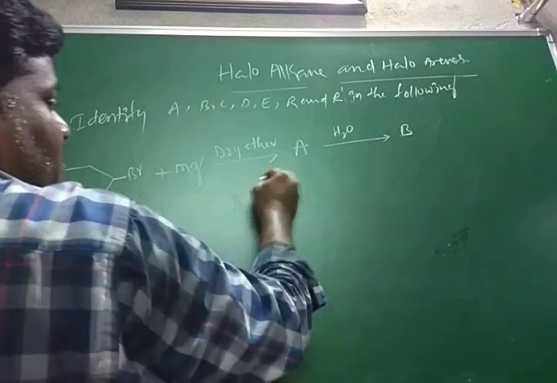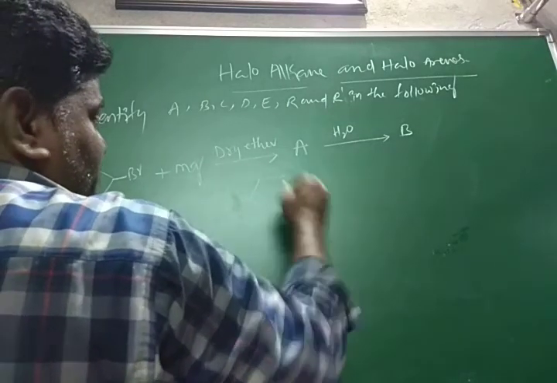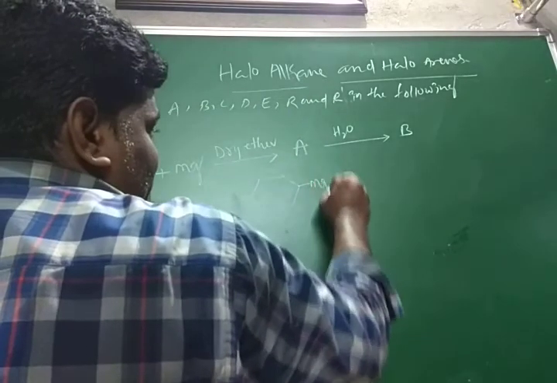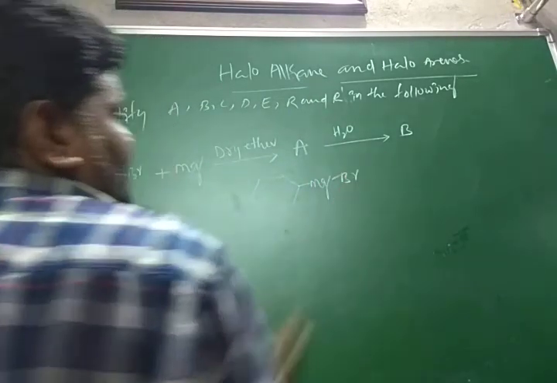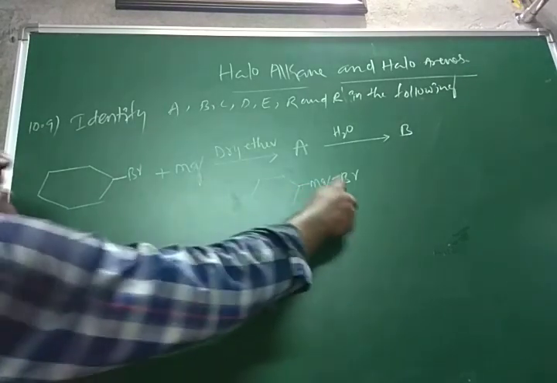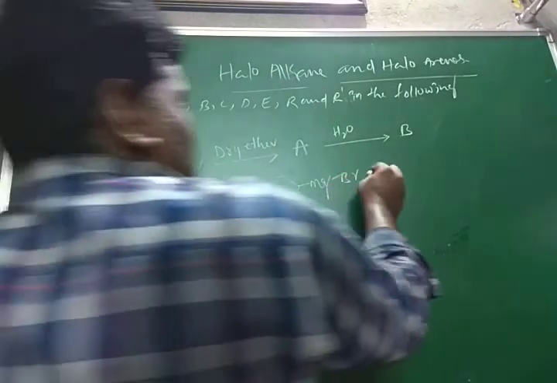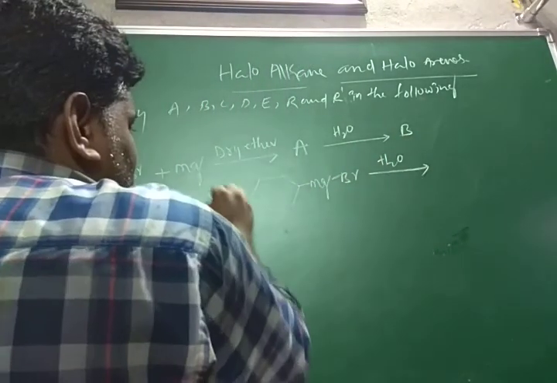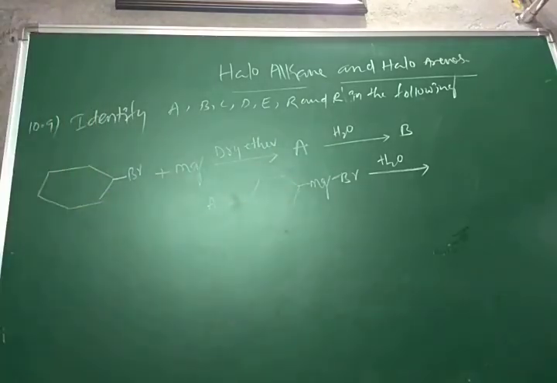Here, in the place of A, magnesium and bromine, meaning alkyl magnesium bromide, will be obtained. Here RMgX, when this RMgX is hydrolyzed, the product A is this compound.